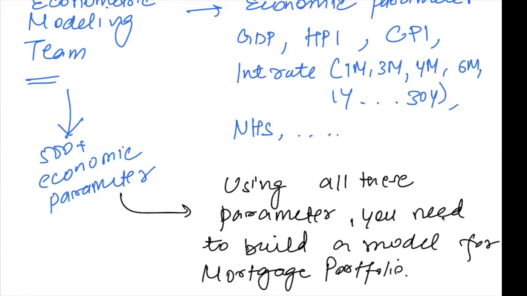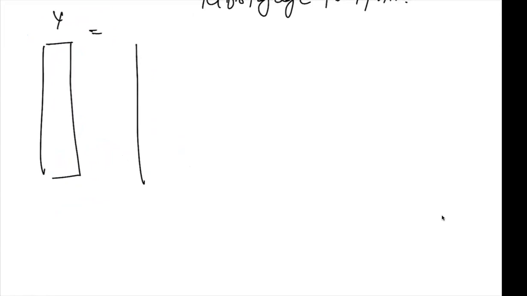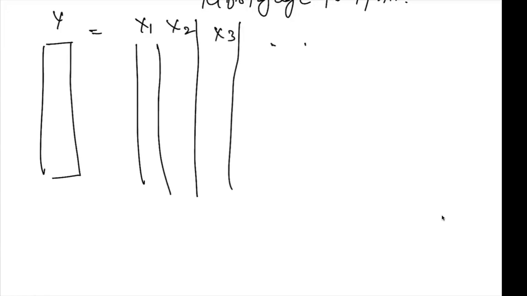Since there are different portfolios, you'll have different models. But let's focus on the mortgage portfolio. So you have this mortgage balance, which is your Y variable, right? Now you'll have a bunch of economic parameters, X1, X2, X3, up till, let's say, X500. These are your economic parameters.